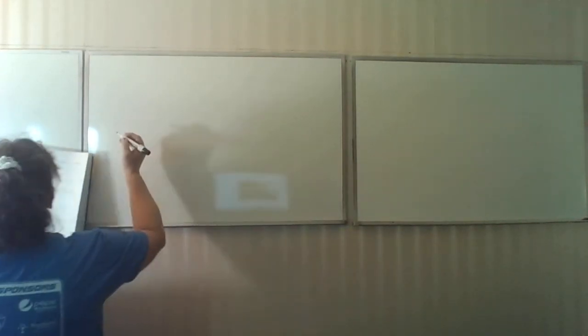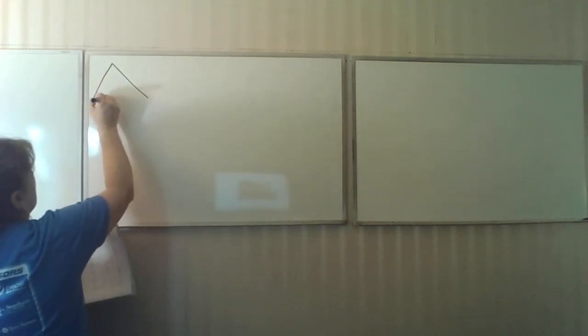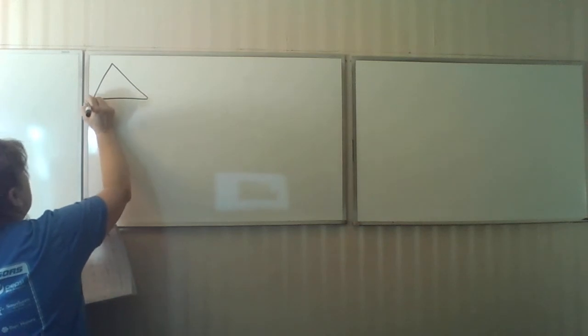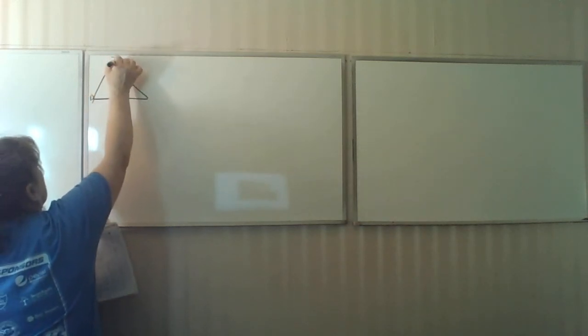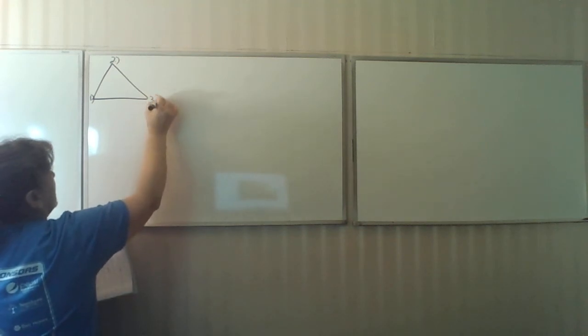So first of all, when we look at a triangle, the sum of the angles is equal to 180 degrees.